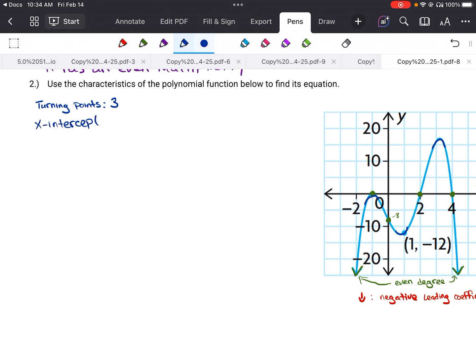And x-intercepts, it has 3, and they are at (-1, 0), (2, 0), and (4, 0).